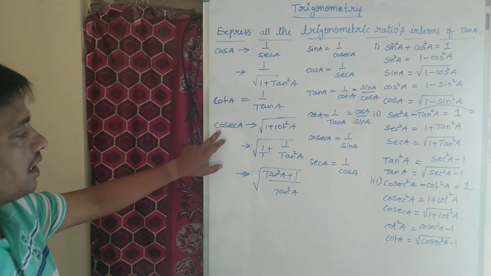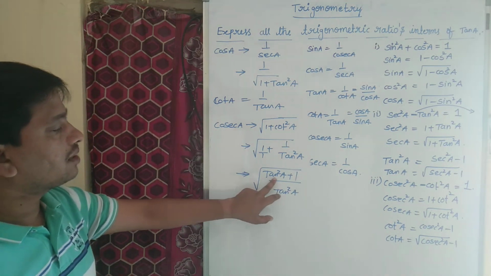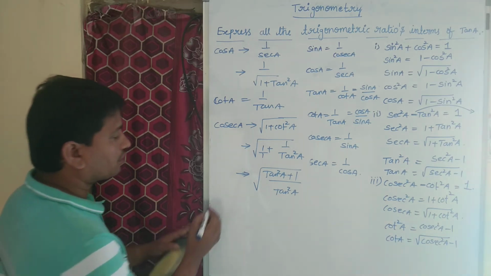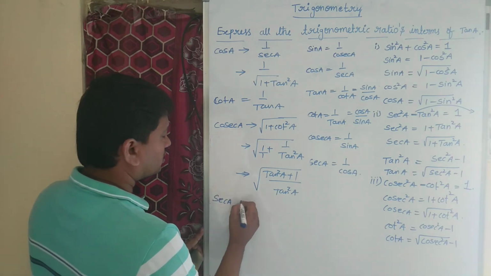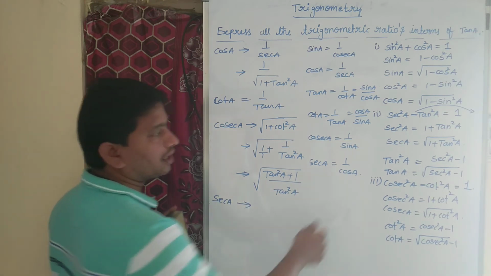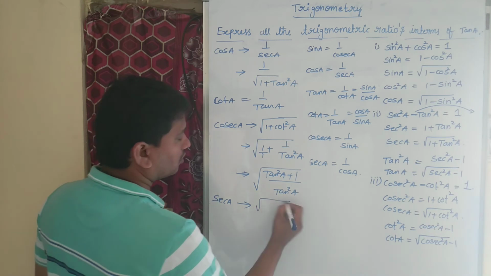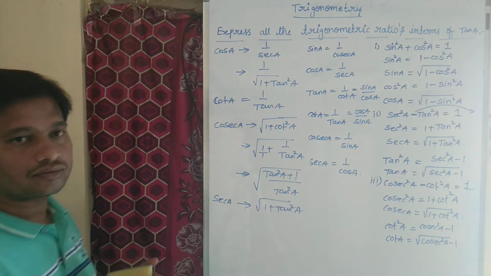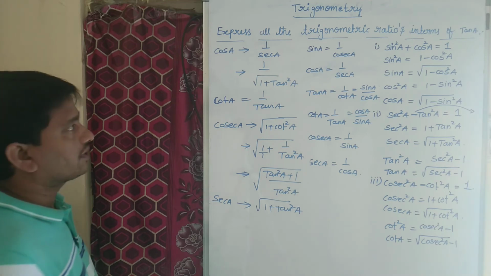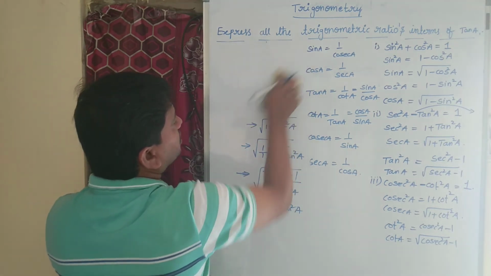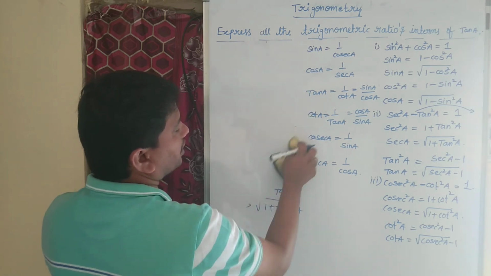So cosec A in terms of tan is nothing but root over tan square A plus 1 by tan square A. Now coming to sec A, we need to express in terms of tan. We know that already sec A is nothing but root over 1 plus tan square A. This is about expressing all the trigonometric functions in terms of tan.